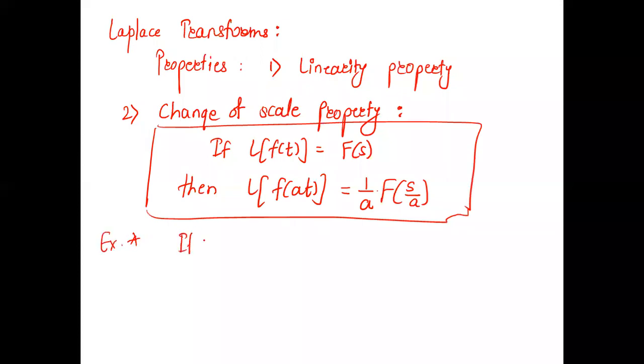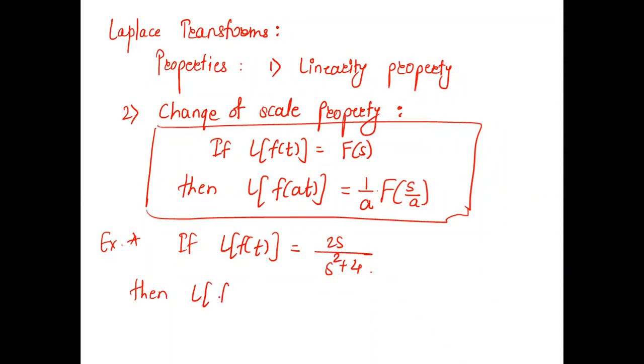If Laplace of f of t is suppose something 2s upon s square plus 4, then Laplace of f of 2t, if they have asked you, then in which property it will go? Can you just tell me?